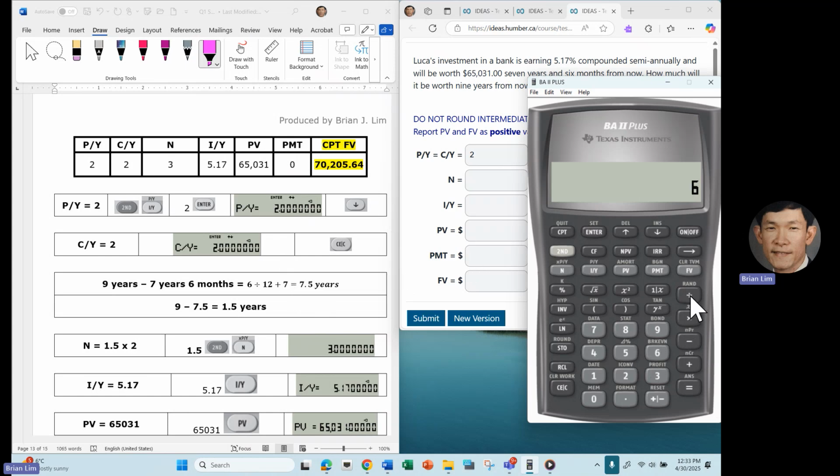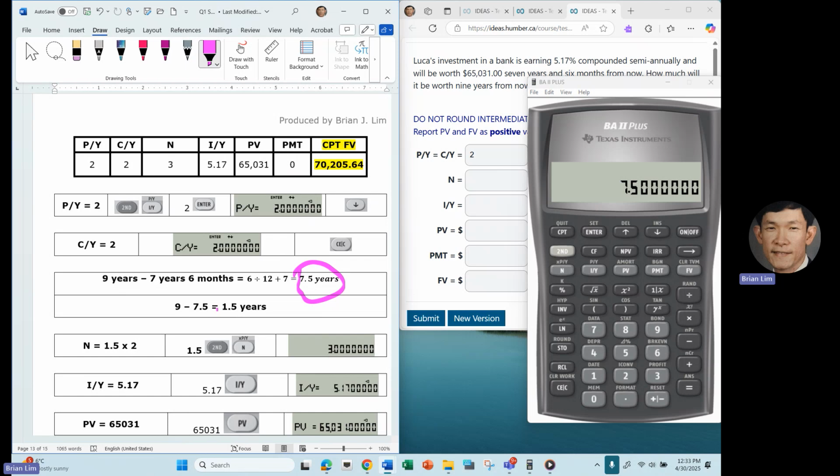Now, the 7 years and 6 months, we can go and do just that. We go 6 divide by 12, as it indicates right here. And if we add 7, we get 7.5 years, which is the number right there. So we go 9 minus 7.5. Now there's a quick way we can do it. We can make this negative if we wish, and then we can add 9. That is one way of doing it, and the answer will be 1.5.